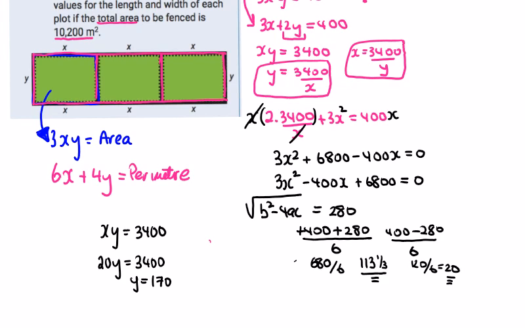And then if we have 113 and a third times y equals 3400, we get y to be 30. So we have two values for x and y. We have 113 and a third and 30, and we also have 20 and 170. So two possible answers for this one.